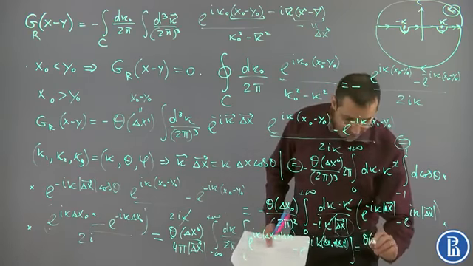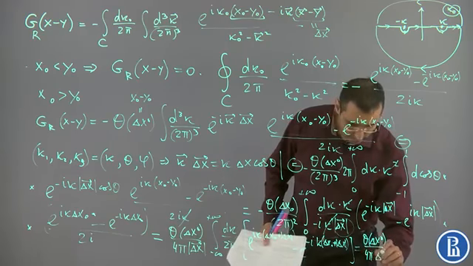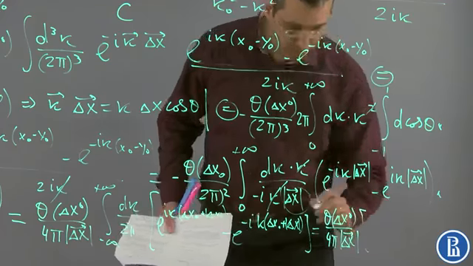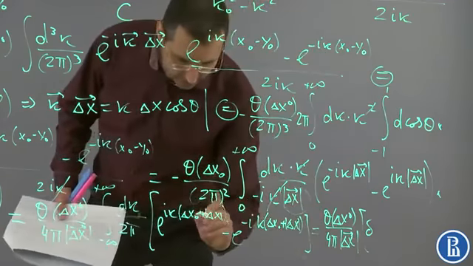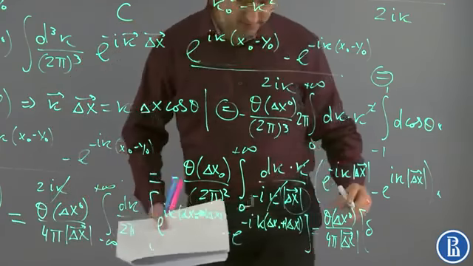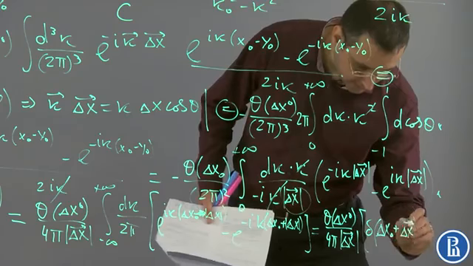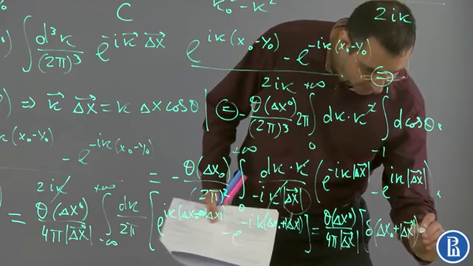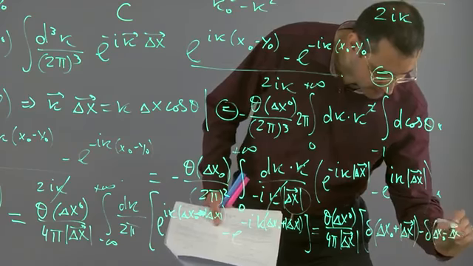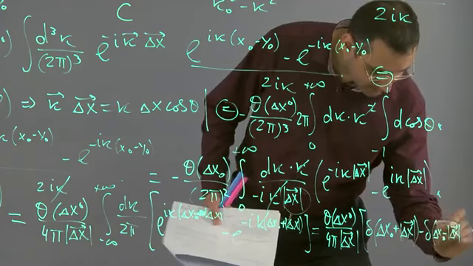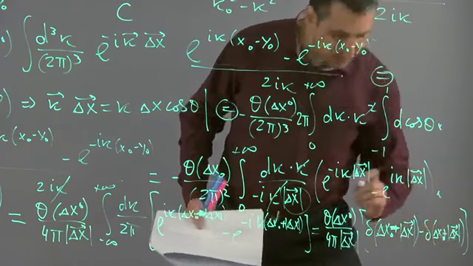Theta of delta x0 divided by 4 pi modulus of delta x times the following delta functions. Sorry, here is a minus sign, and here is a plus sign: delta of delta x0 plus modulus of delta x minus delta function of delta x0 minus delta x. Sorry, vice versa. Here is minus, and here is a plus sign.